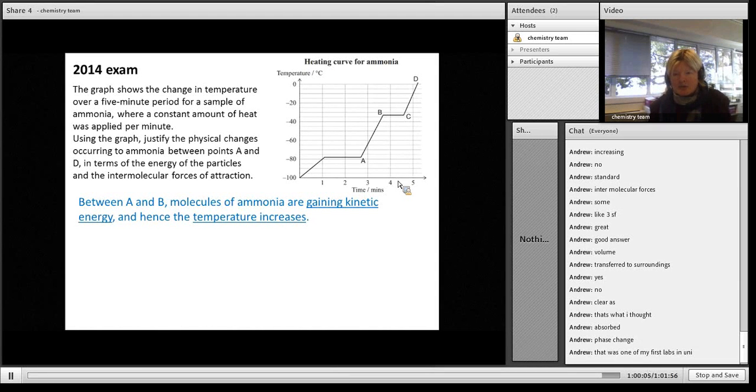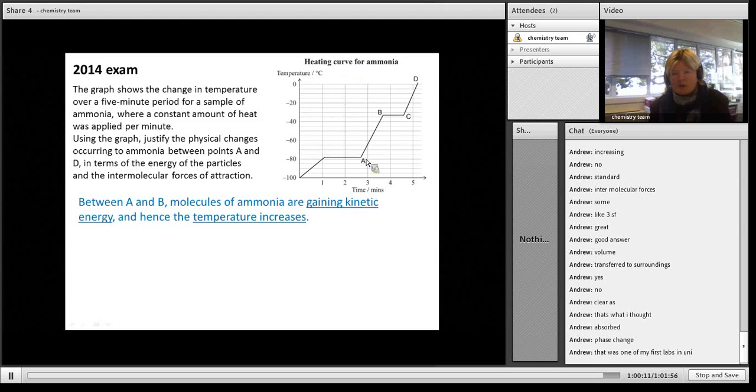During just 2 3/4 minutes to around about 3 3/4 minutes, that added energy is simply taken up as kinetic energy. The particles are moving around faster, and so we have a temperature increase. You can see up here's temperature, it's going from minus 80 to minus 40 or 30 something.